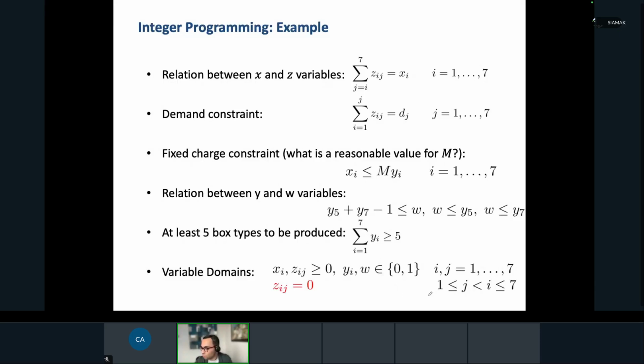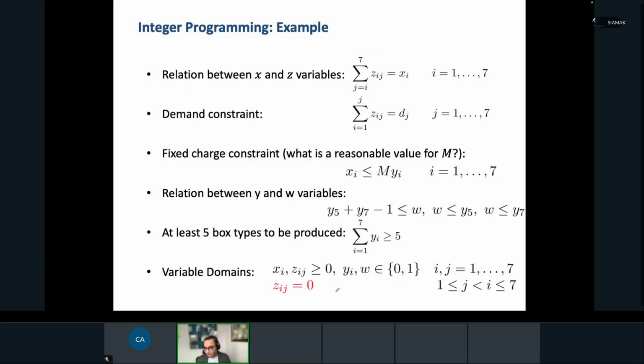Also, we know that i is greater than or equal to j for z_ij, because this is the one where we use another box to satisfy the demand of another box. i should be greater than j, and both of them are between 1 and 7. And we know that z_ij is equal to 0 when the other way around happens, right?